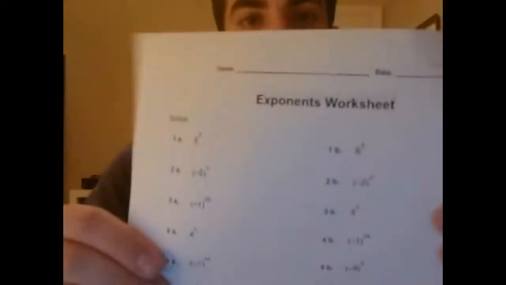So I'm going to show you these two properties right now, and then you'll be able to do this entire sheet, and ideally this entire sheet as well. So let's go.